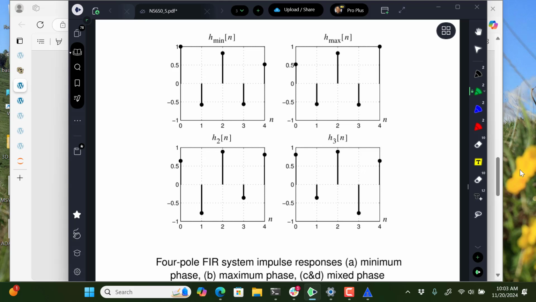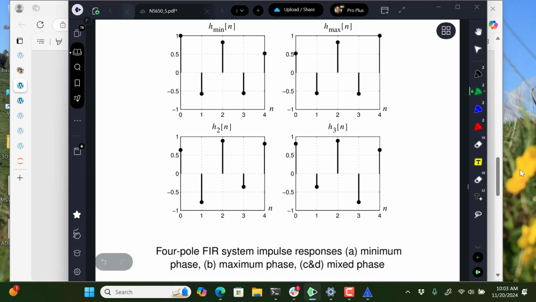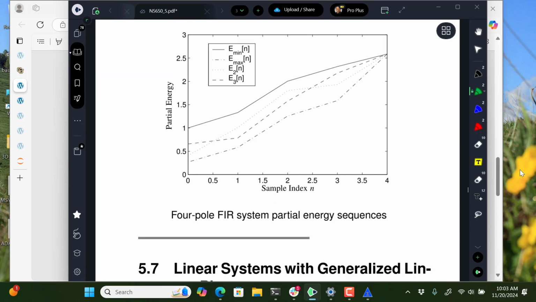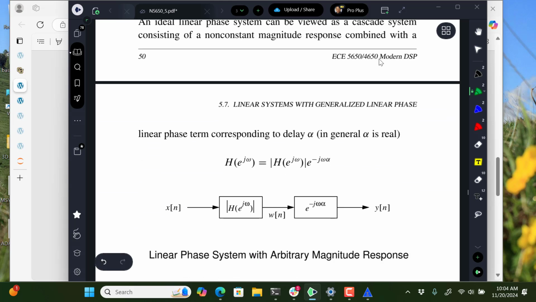So when you go through that math, and this is what that homework problem is, it computes those sums of the squares, the partial energies, and it's the system that rises up the fastest, which was the minimum phase system. It gets the energy through faster, which means it has less delay. Does that make sense? It's just a concept. It's like a physics thing. Okay, so that's a bonus problem, but it's a pretty easy one.